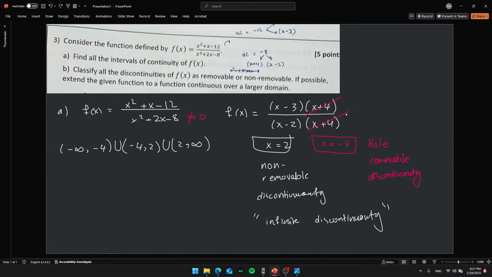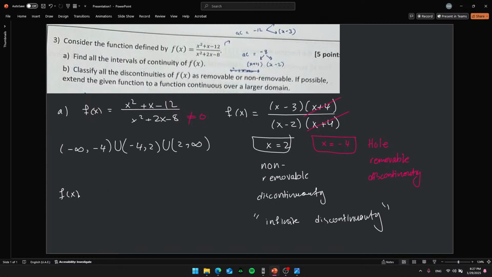So I can solve this problem, x plus 4, and cancel it with the numerator. But for x minus 2, I couldn't. So that's why it's called a non-removable discontinuity, aka infinite discontinuity. Okay, so if possible, extend the domain. I mean, if it's possible, aka if it's a removable discontinuity, extend it.